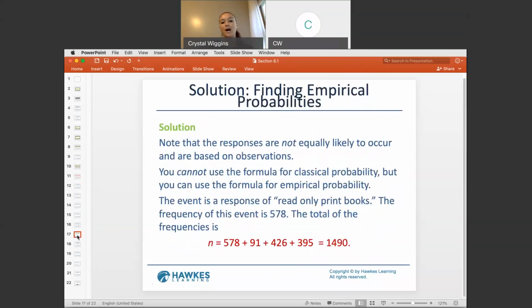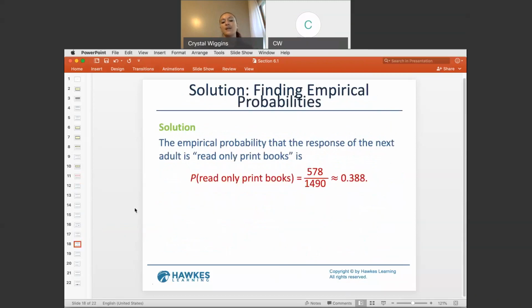We then take that part, the 578, and we divide it by the whole, all the people asked, the 1,490, and we create a relative frequency, also known as a probability, that the next person asked would say that they only read printed books, which is a 0.388, or as we would translate that in English, a 38.8% chance that the next person I survey out of this same population would state that they only read print books.